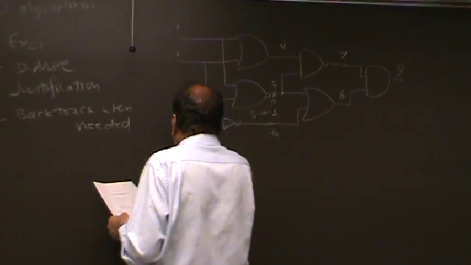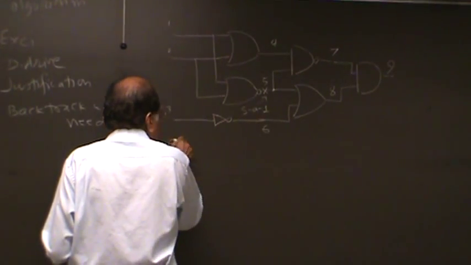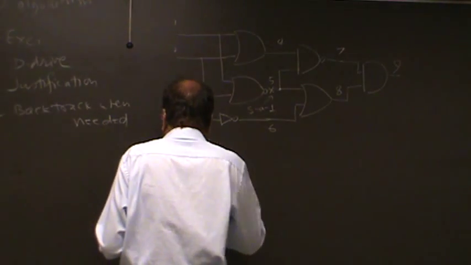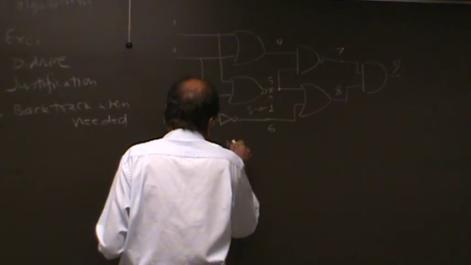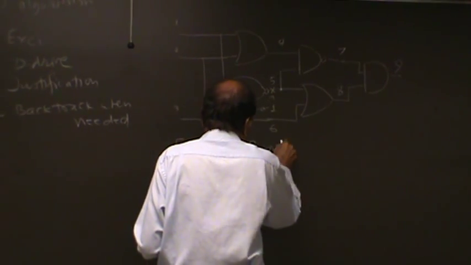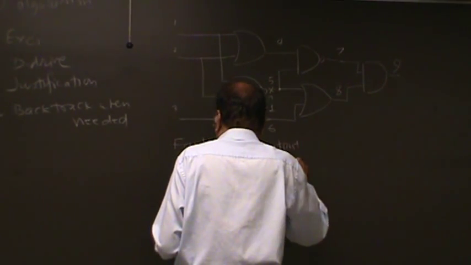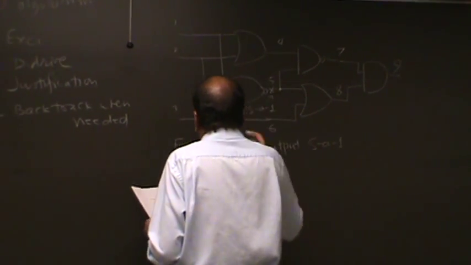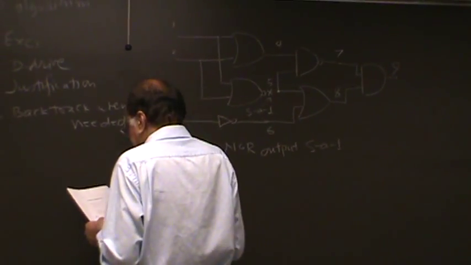So the fault is basically the output of the NOR gate, and let us say it is stuck at 1. So that is what we want to generate.